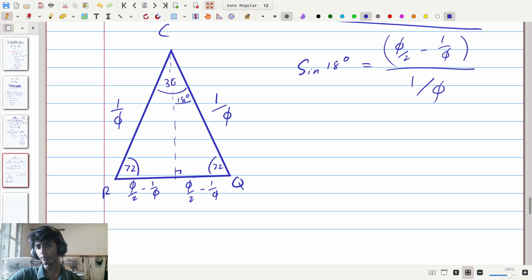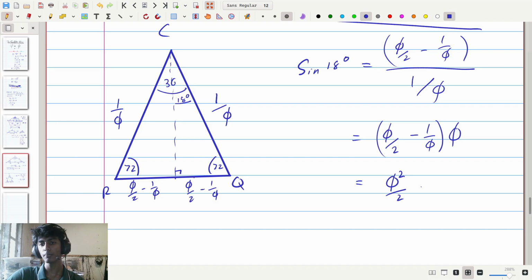Dividing by 1 on phi is the same as multiplying by phi. So we have phi by 2 minus 1 on phi multiplied by phi. Cancelling, we get minus 1 here, and multiplying these two, we get phi squared. So we have phi squared divided by 2 minus 1. This is what we get.